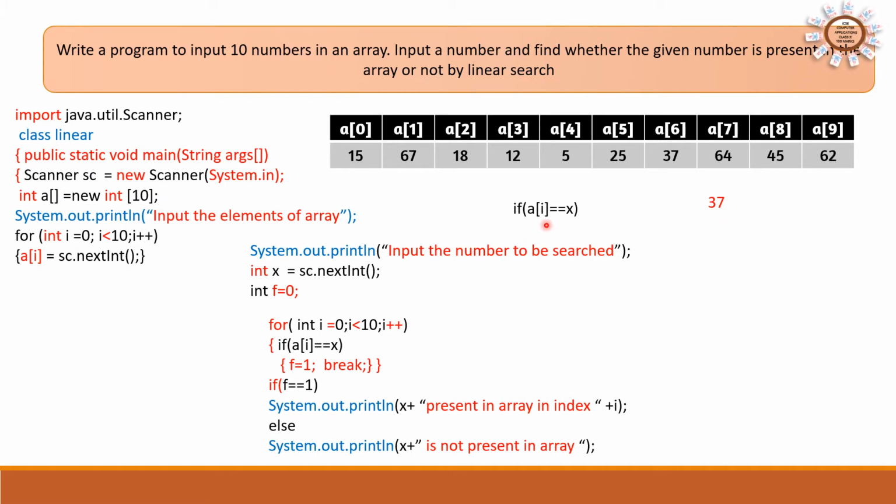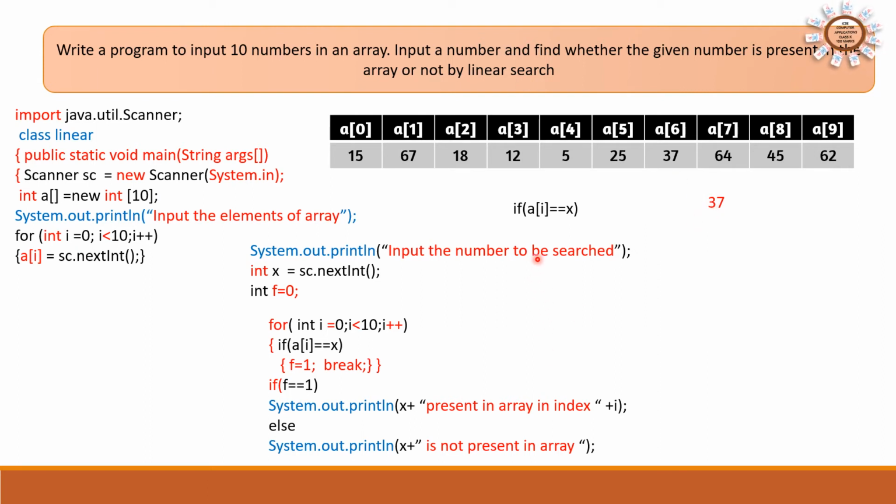So a[i], i will start from 0, a0. a0 is 15, not equal to x, 67 also no, 18 also, when a3 is coming it is also not same, a4, a5, till this the numbers are not same. And when a6 is coming, that means a6 is 37 and x is also 37. That means both the numbers are same. So we got the number.